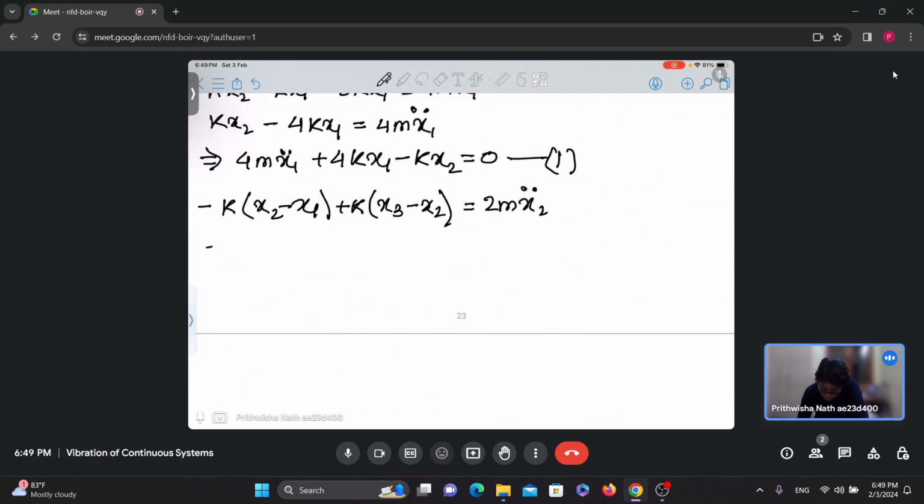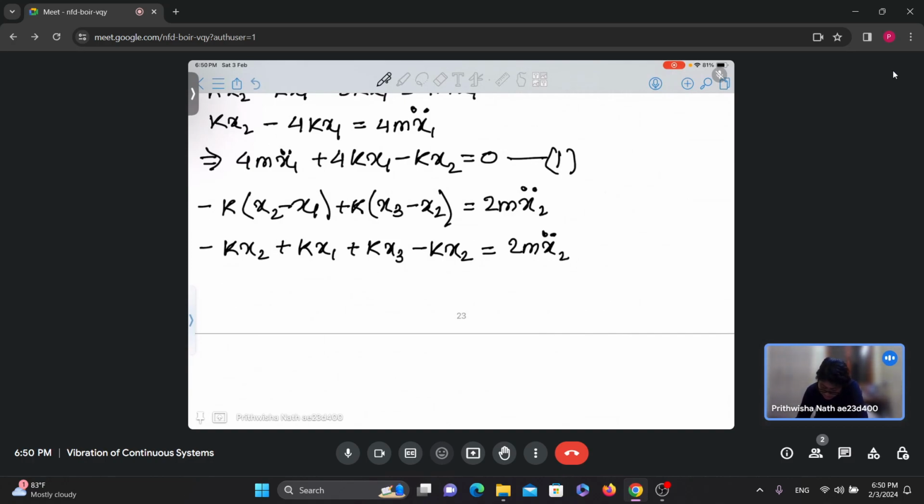So minus kx2 plus kx1 plus kx3 minus kx2 equals 2m x2 double dot.